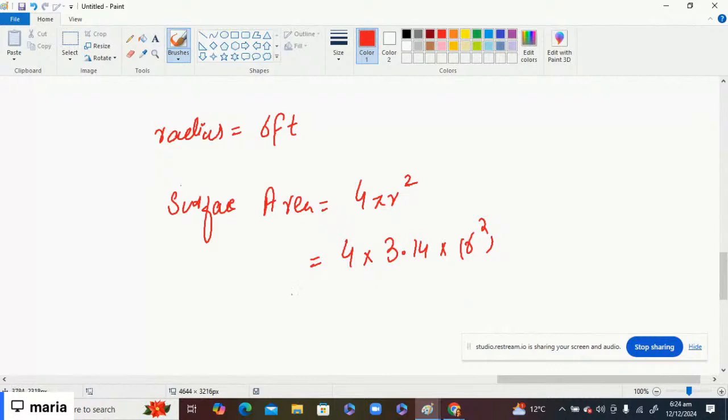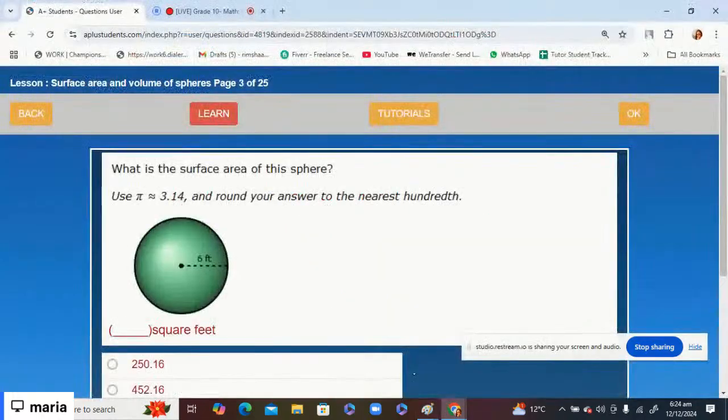When you're going to multiply 4 with 3.14 and times 6 times 6, because that is 36. Okay, and now just multiply all of it. So this is 452.16. Let's see the answer. 452.16, it's here.